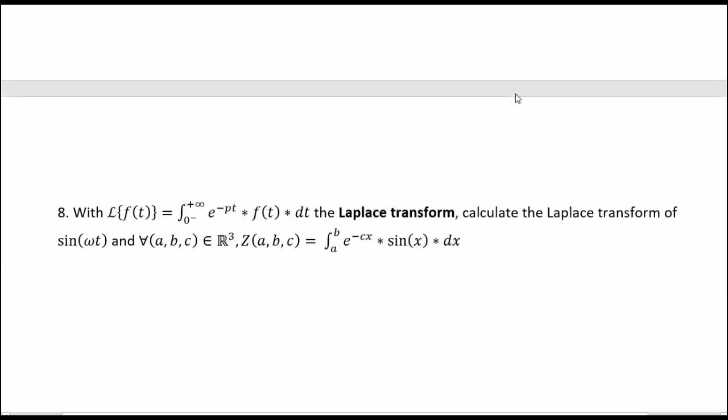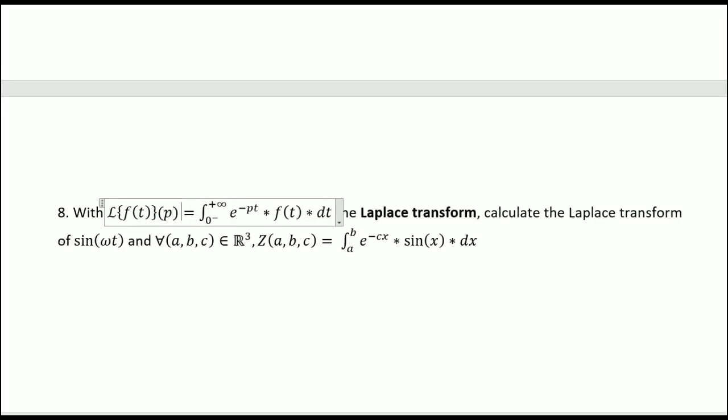So I call L of f of t a function that depends on the variable p. It's a convention.